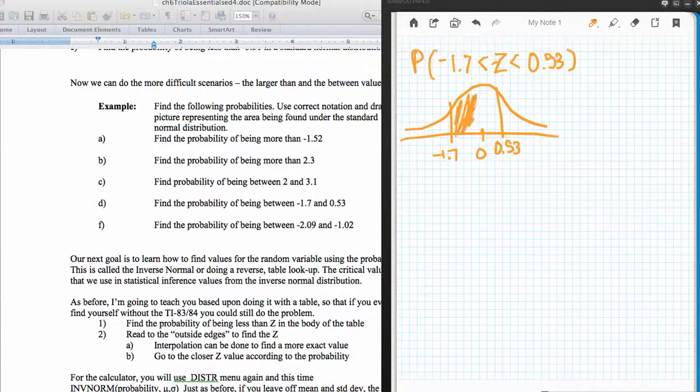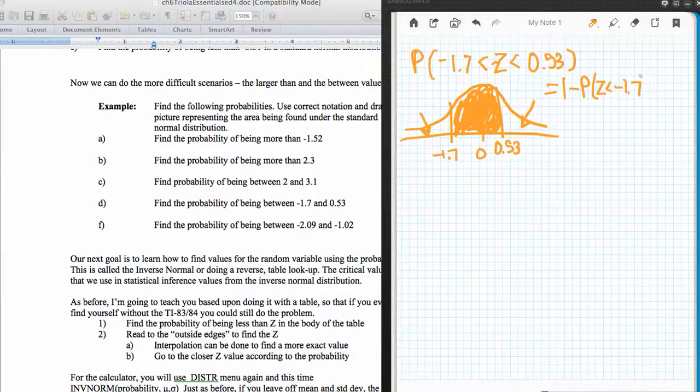Well, it's tail values that you can find in a z-table. So what I'm looking for is this area here and this area here, and then I have to remember that the area under the entire curve is 1. So what I have here is 1, and then I'm going to subtract from 1 the probability of being less than negative 1.7.